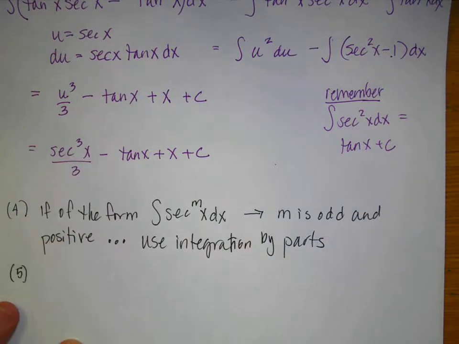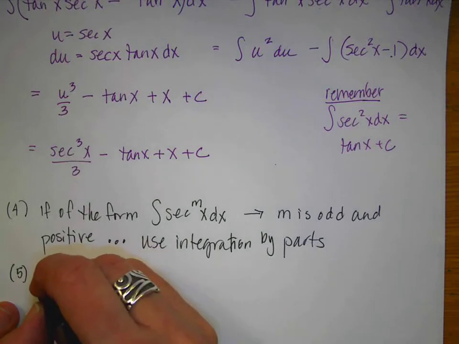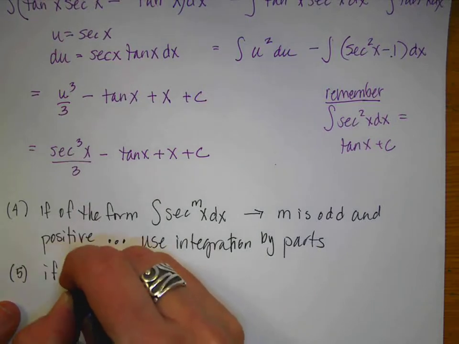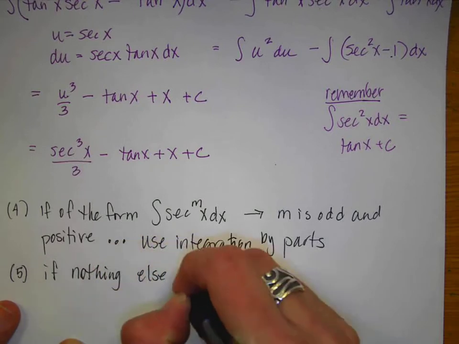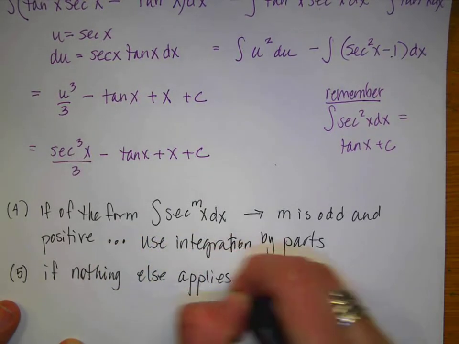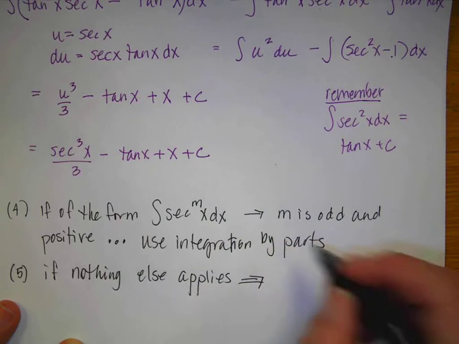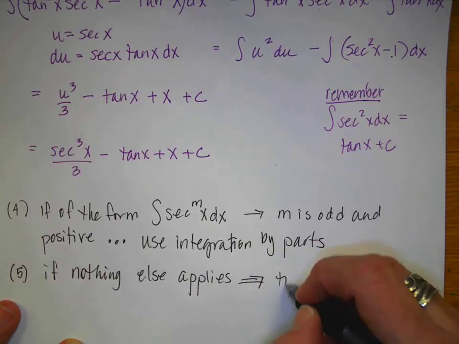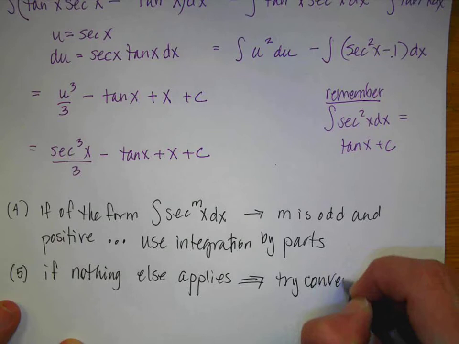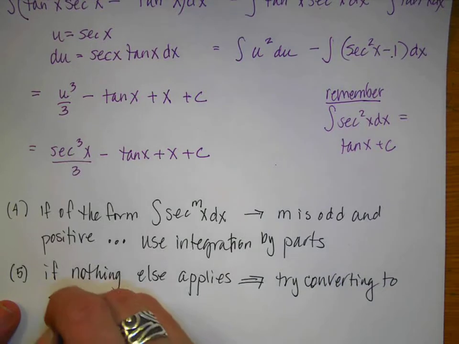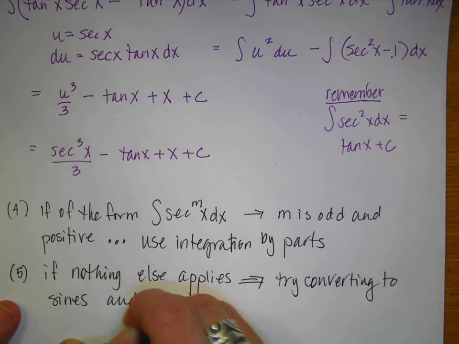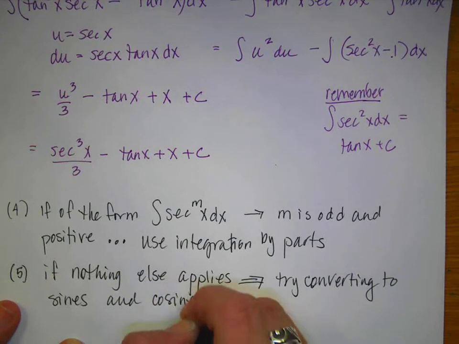And then the last one is kind of the punt guideline, and it says if nothing else applies, then the only other thing that you can attempt to do is try converting to sines and cosines.